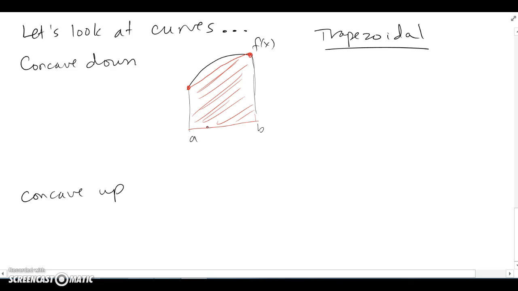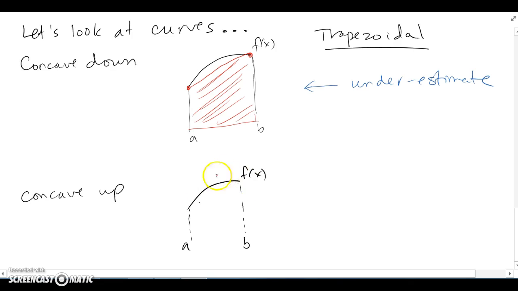Now that's pretty clear. I'm missing all the stuff up above, so it looks like for something that's concave down, the trapezoidal rule is going to be an underestimate. So trapezoidal for a concave down curve clearly is going to be an underestimate, because it's going to miss all those little regions. Even if I make more subdivisions, it's going to miss them.